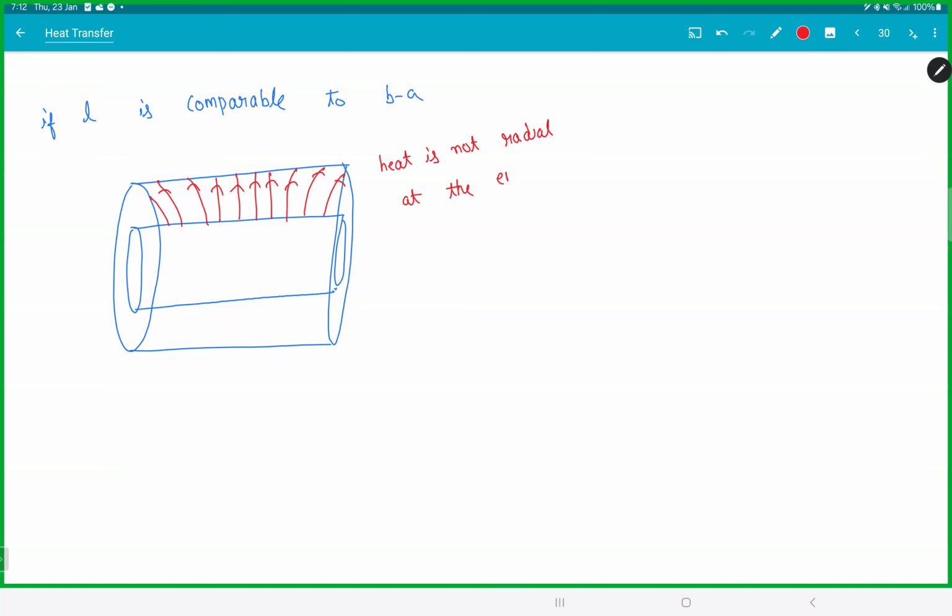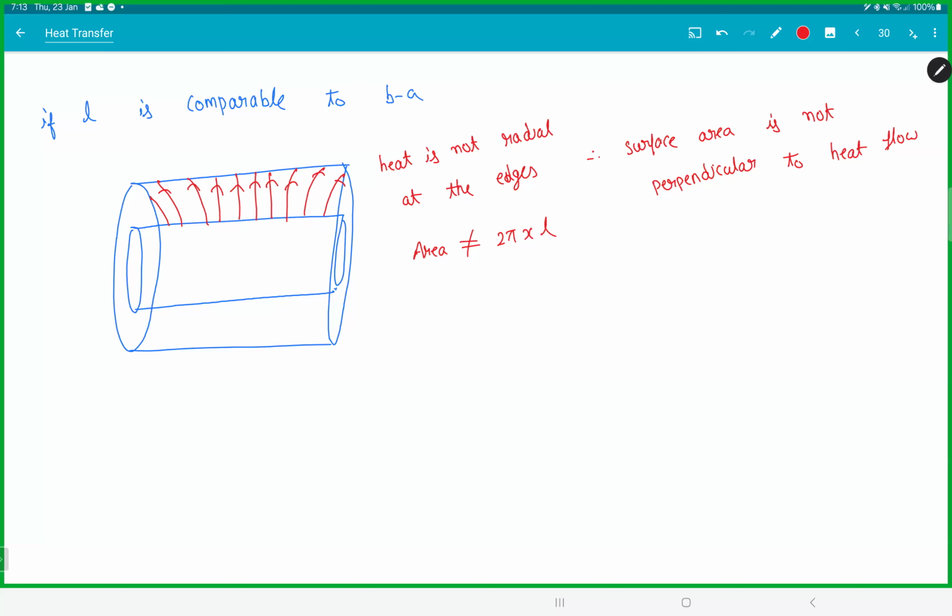So what is the problem? If heat is not radial, what is the problem? A is the area perpendicular to the heat flow. Then can you take area equal to 2 pi x L? Area won't be 2 pi x L, na? If the heat is not radial, the surface area won't be perpendicular to the heat flow. Making sense? Therefore, the surface area is not perpendicular to heat flow. You can't solve the problem.